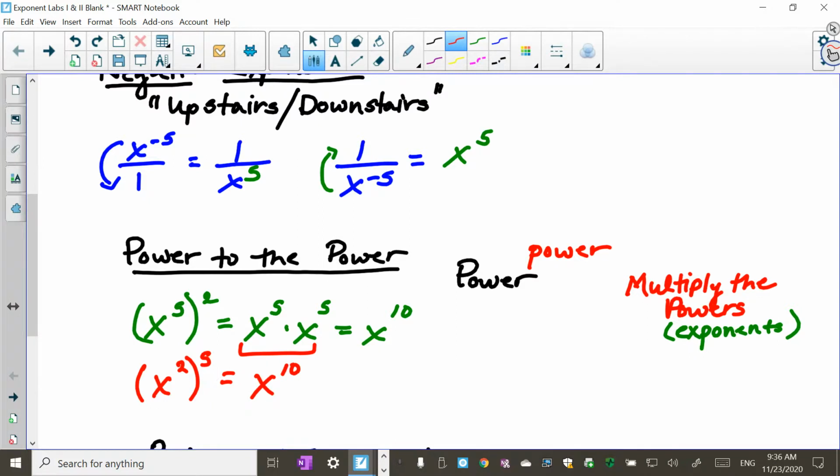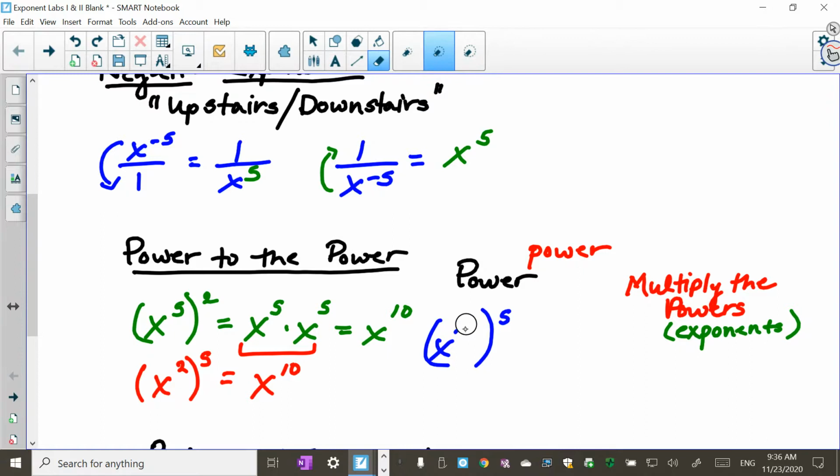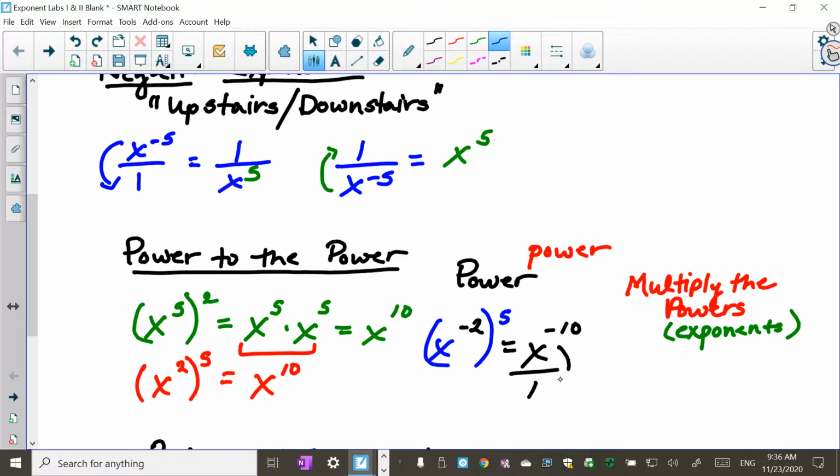Okay? Now there's one that I wanted to show you over here, is you could have this, x to the negative 2 raised to the positive 5. So if I have a negative exponent here, when I multiply these power to the power, I get x to the negative 10. And because this is a negative exponent and I want you guys to write it with positive, I'm going to bring it down.